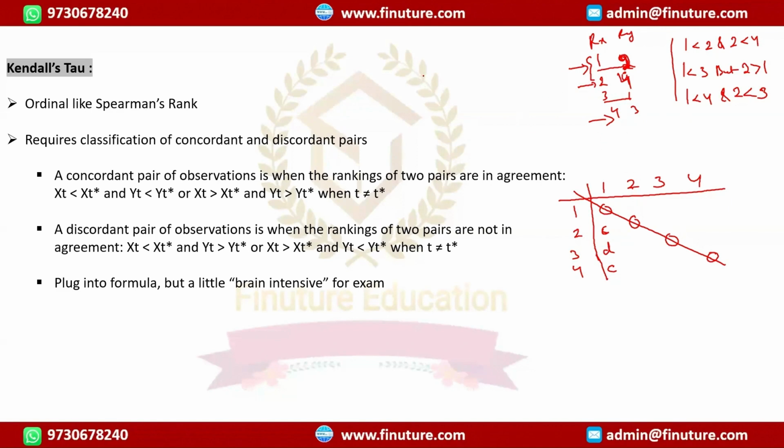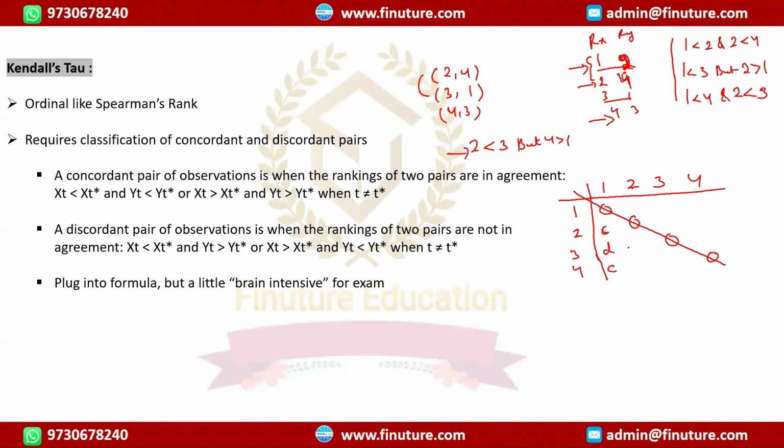When I'm comparing the second ordered pair, that is my 2 4, with the rest of the stock, that is 3 1 and 4 3. If I compare these two, my 2 is less than 3, but 4 is greater than 1. Does it make sense?